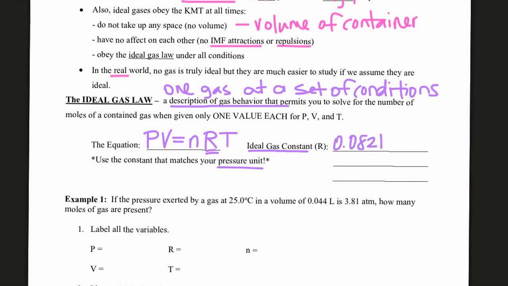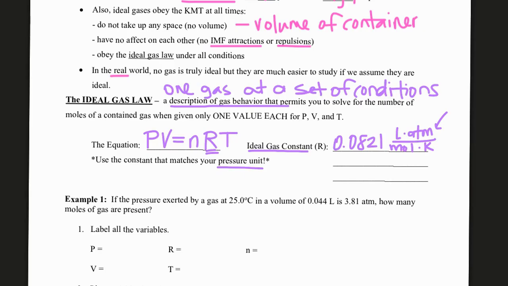0.0821. And then this is where it's funny. The units of the R are liters times ATMs over moles times Kelvin. So that is a unit, just like meters per second, whatever. But notice that we use the ATM pressure unit for this R value.